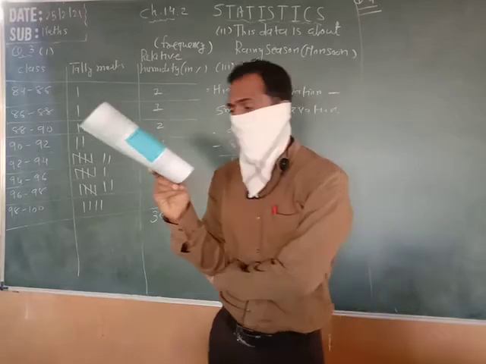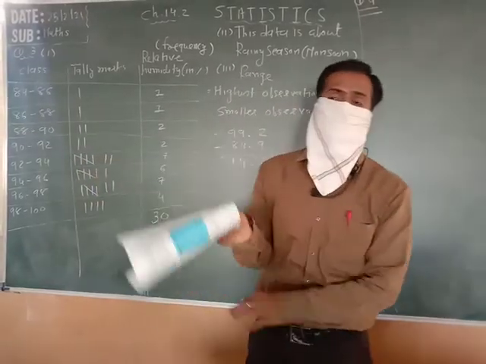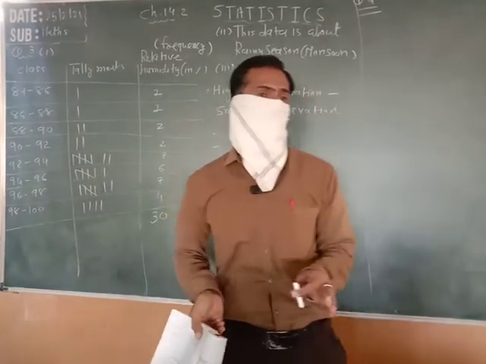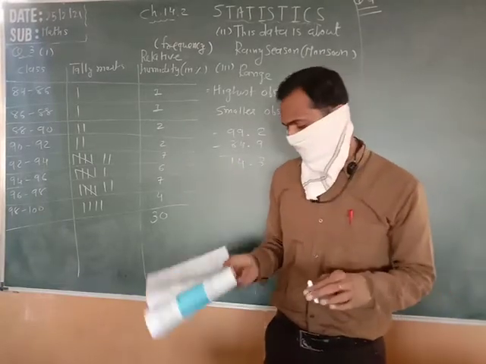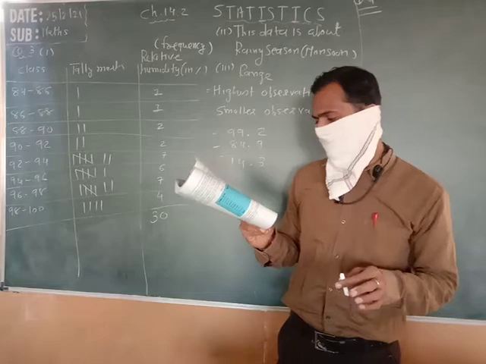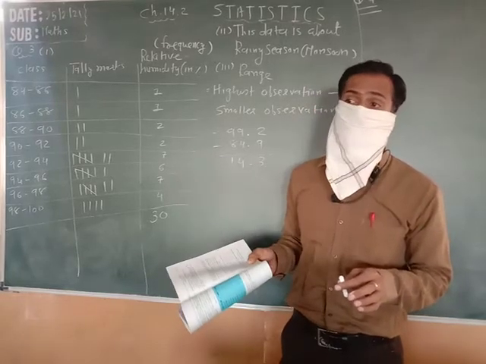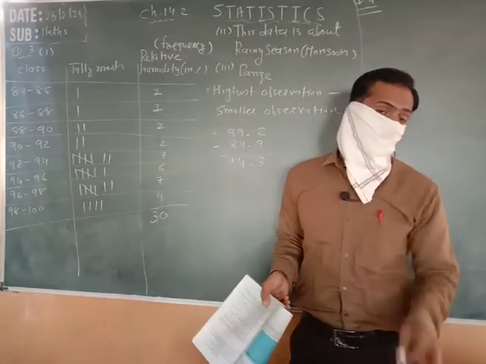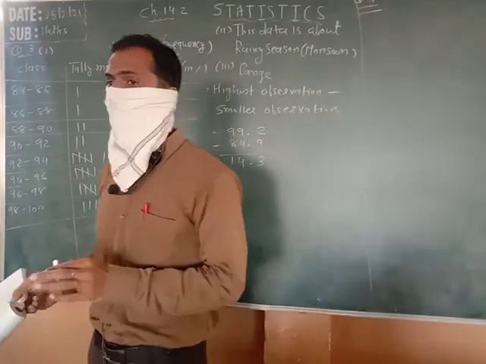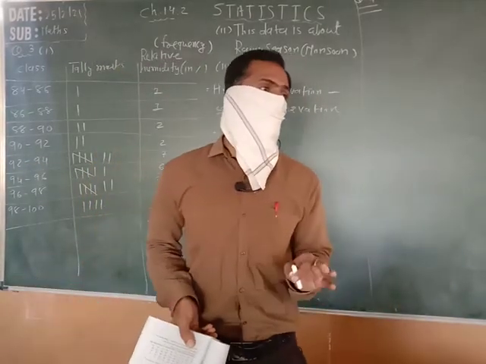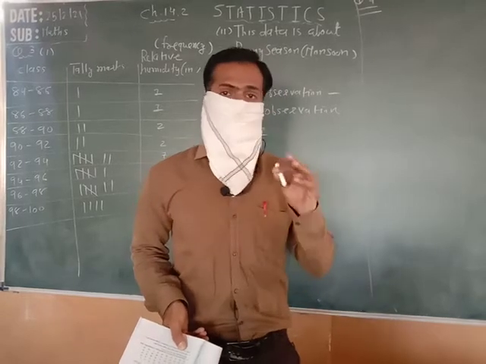As I told you, whatever classes we take should include the smallest as well as the largest observation. The smallest observation is 150, but in the question the first class is 160 to 165, which will not cover 150. So we have to go back.